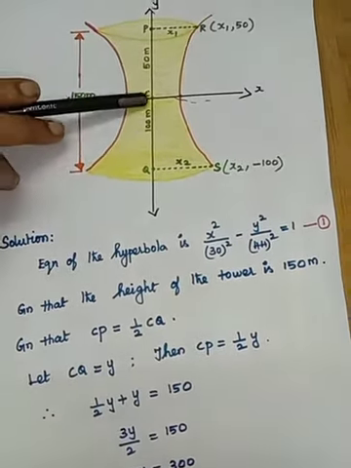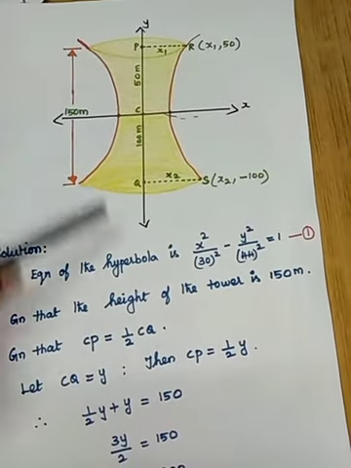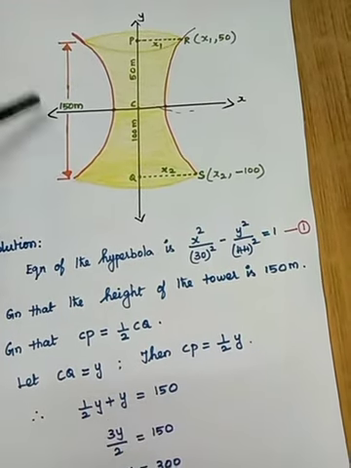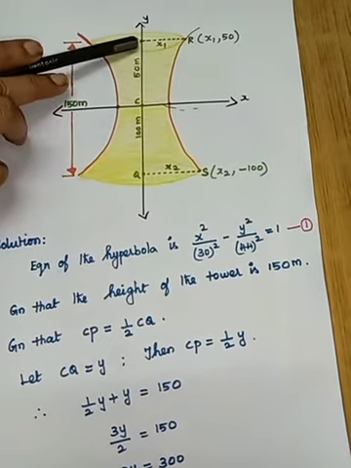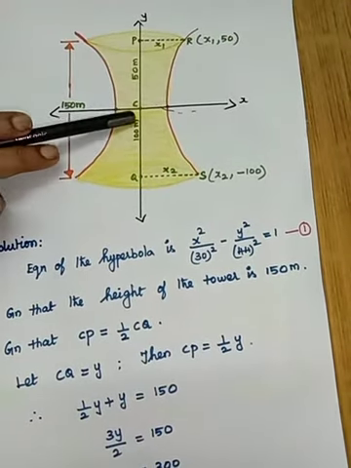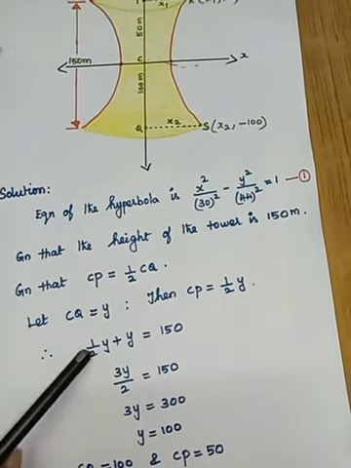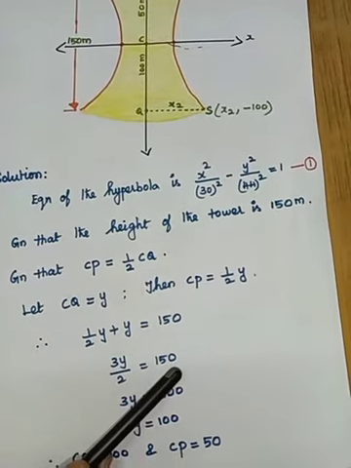Now you take CQ as y. Then CP is equal to half into y, because it is given like that. What is the total height? It is 150. So half y plus y is equal to 150. Half y plus y is 3y by 2 is equal to 150.